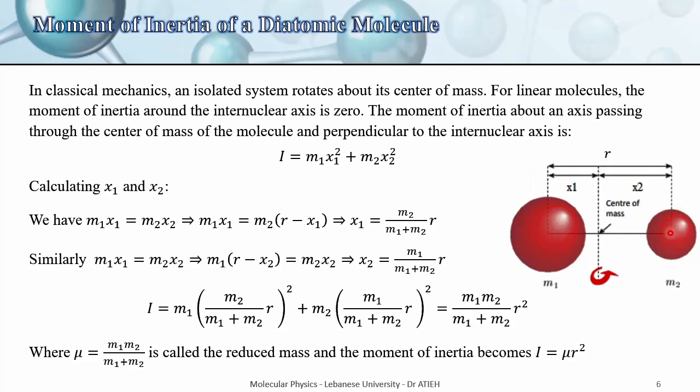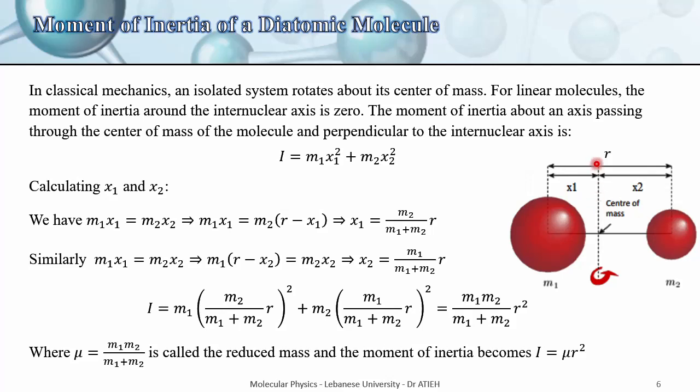So the only possible rotation will be around an axis perpendicular to the internuclear distance. Now we have understood why we are going to choose our axis of rotation like this, perpendicular to the internuclear axis and not along it.